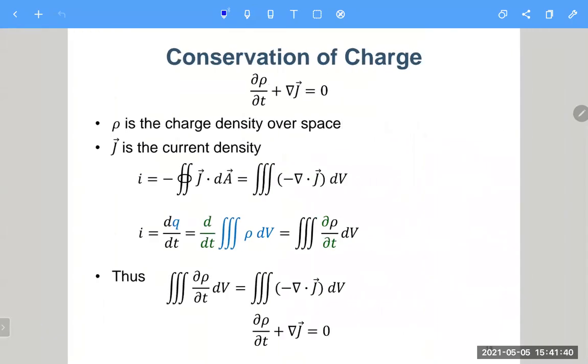Okay, so now we will consider the conservation of charge. You can consider it as charge cannot be created or vanish. If we would like to represent the conservation of charge with one equation, it should be partial rho partial t plus divergence of J equals 0.